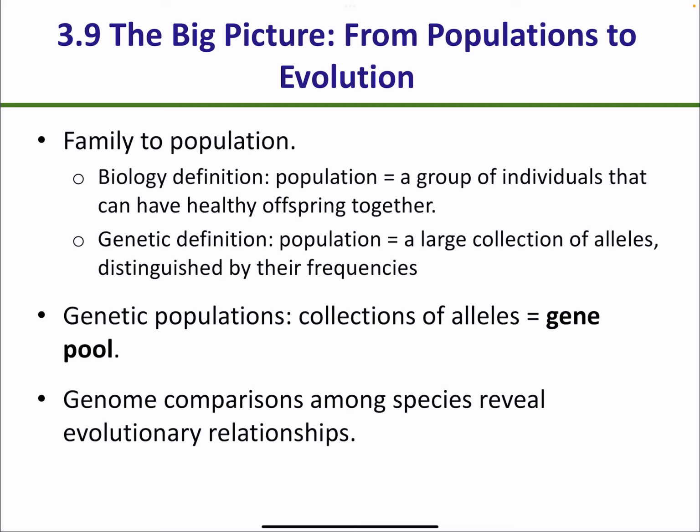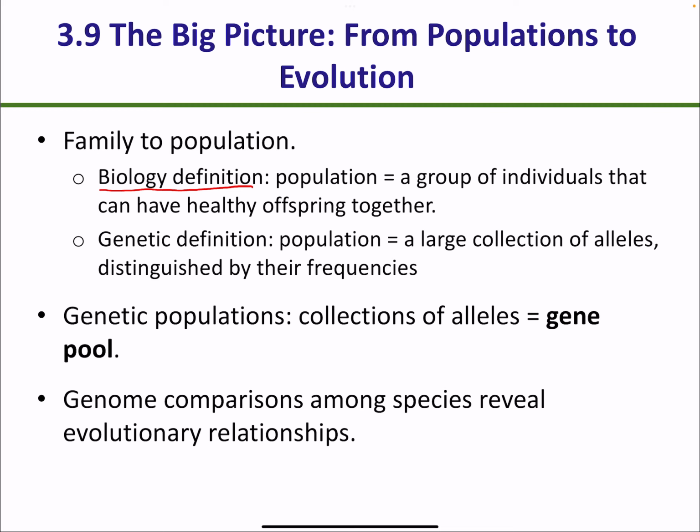There are two aspects when it comes to biology. You have the biological definition of a population. In a biological definition, it's a group of individuals that can have healthy offsprings, and these healthy offsprings can themselves have other offsprings down the line.